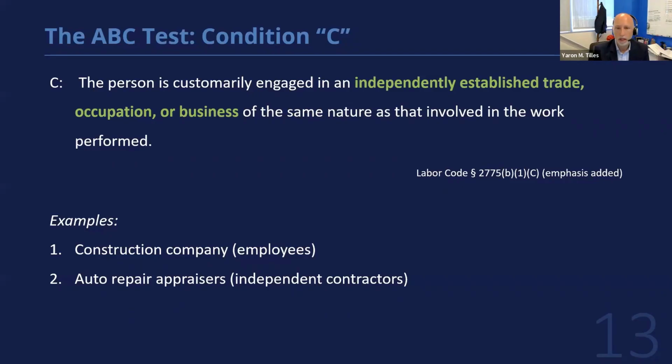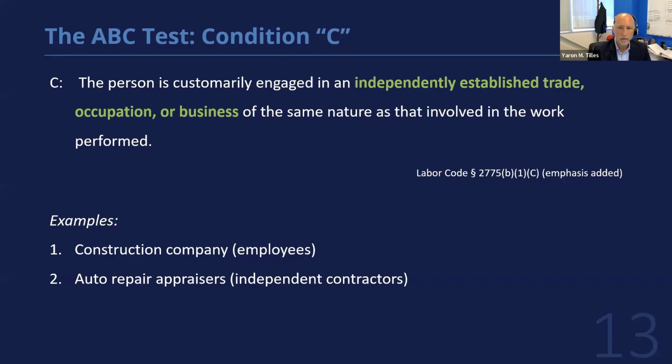As noted by the court in Dynamex, going into business for oneself often involves incorporating as a business, advertising, obtaining any necessary business licenses, registrations, making offers to provide business services to the general public.